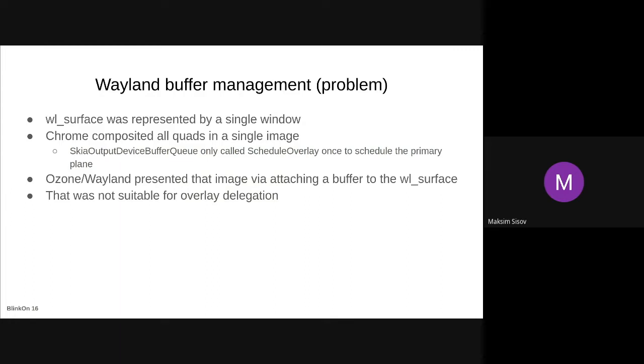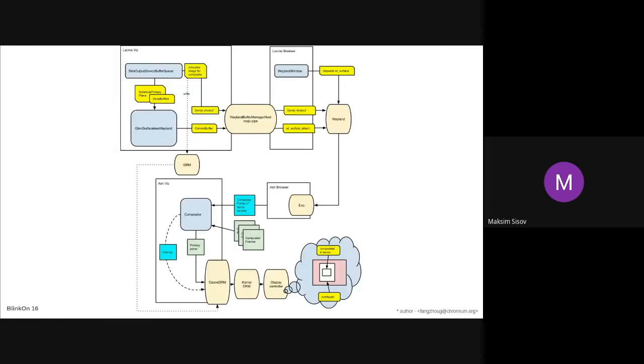Before the delegated compositing work, Chrome composited all the quads in a single image that was further scheduled as a primary plane. That image was basically a DMA buf backed by a Wayland buffer, which allowed only one plane to be submitted, and we needed something else. On this diagram, you can see how non-delegated compositing works.